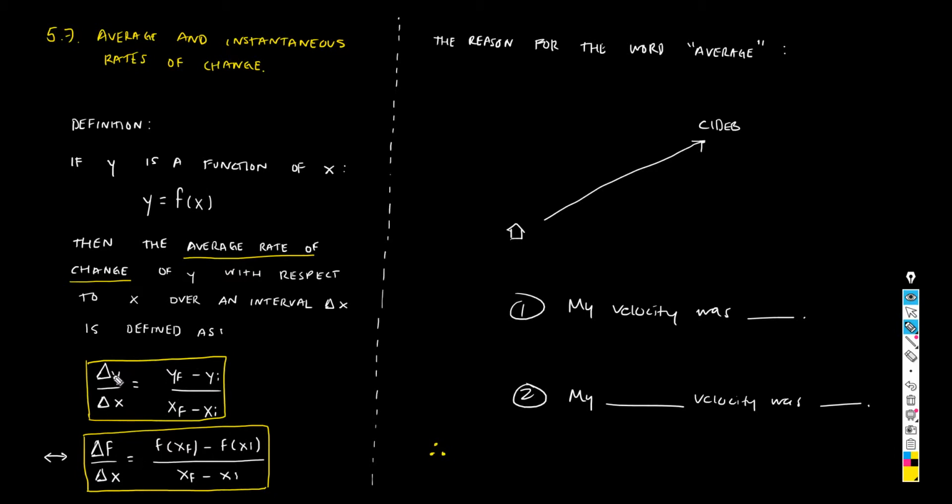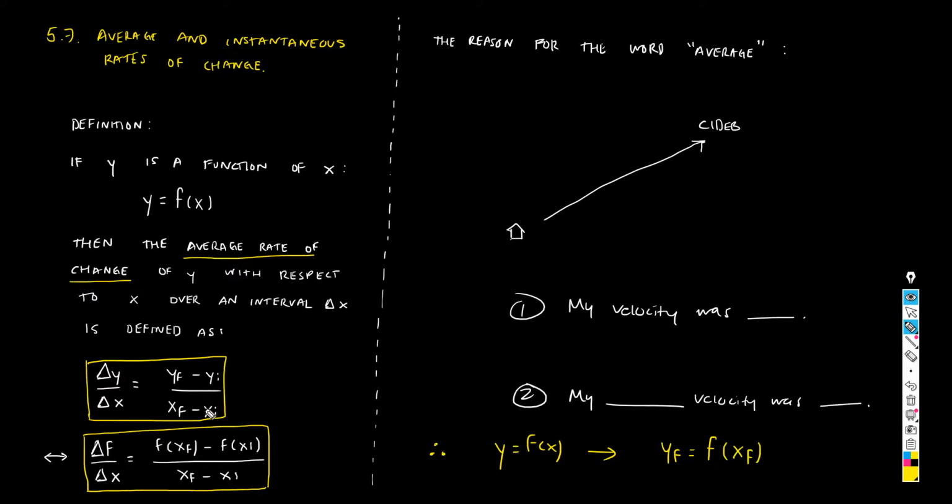Because y is a function of x, so we can talk about the change in the function over the change in the x variable, and that will be equal to this, because if y is a function of x, then yf, the final value of y, will be the function evaluated at the final value of x.